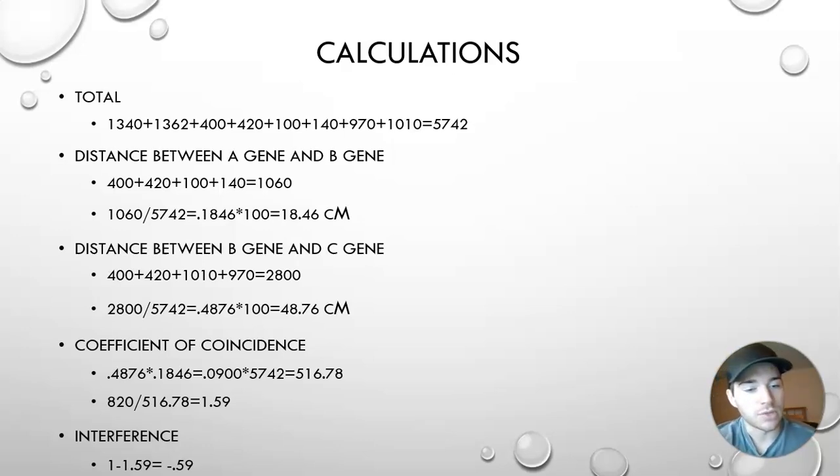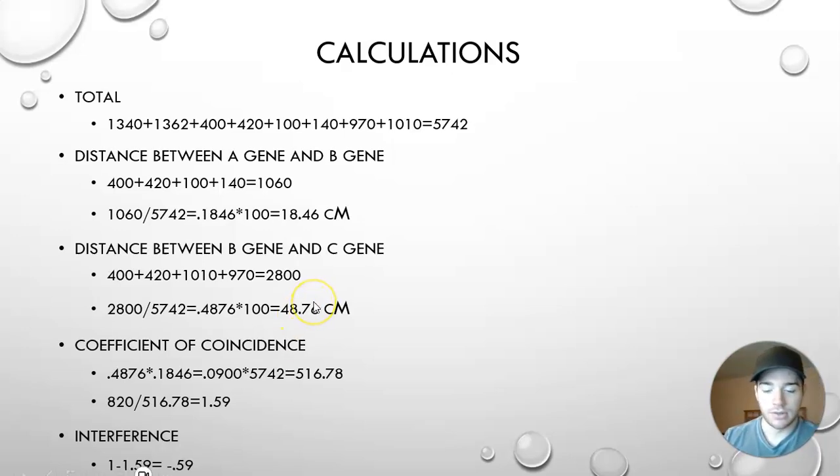You multiply them to get 0.09, or 9%. And then to figure out what 9% of the total is, you have to multiply that. So 9% of 5,742 comes out to be 516.78.